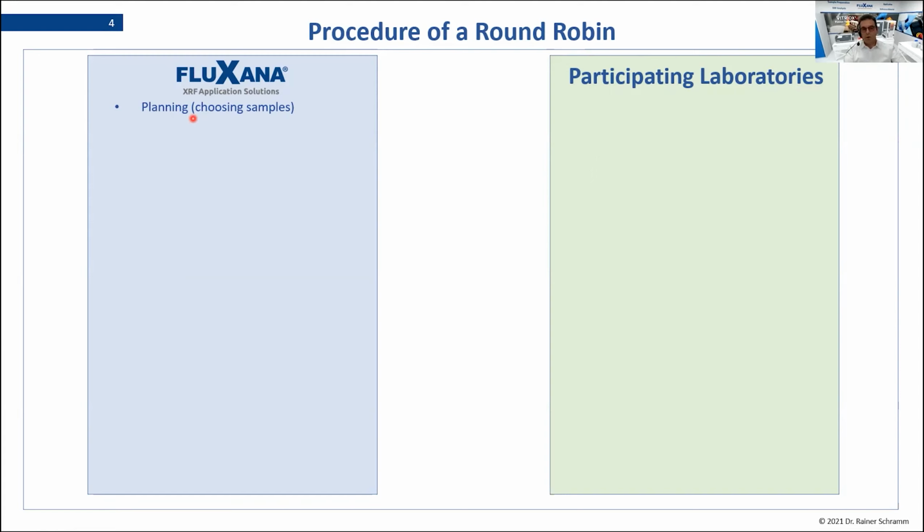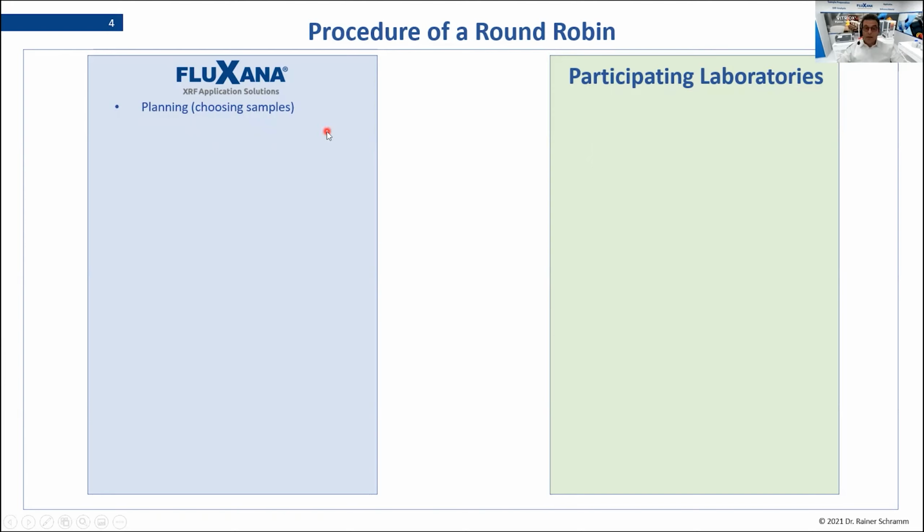But then we also have to find other laboratories which have an interest in these kinds of samples, with the elements in a certain concentration range, so that this all fits together. Then, of course, such a sample must also fit the needs so that it can be used in a round robin. This I will explain later, what the requirements are there.